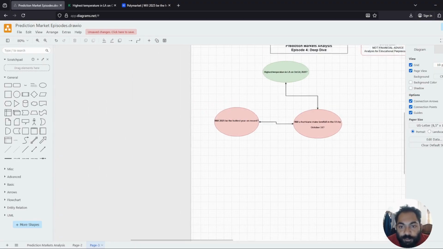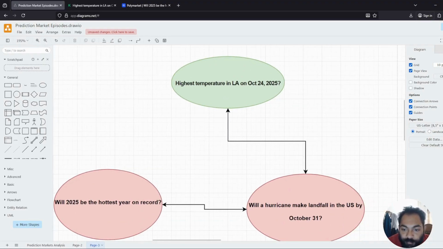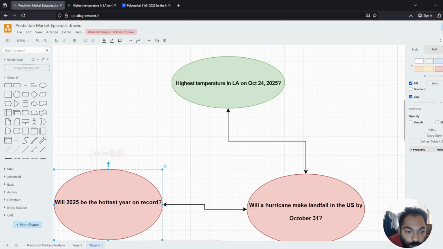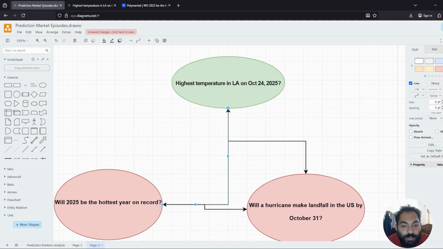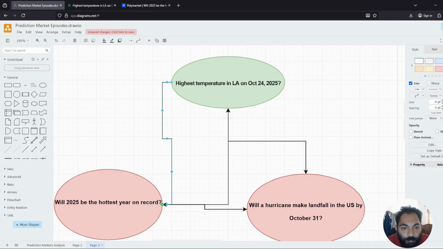Not only does the highest temperature in LA have a two-way relationship with a hurricane landfall, because it will impact the other one, but I'll tell you something else. This and this have a two-way relationship as well, because of the type of relationship this has with this one.